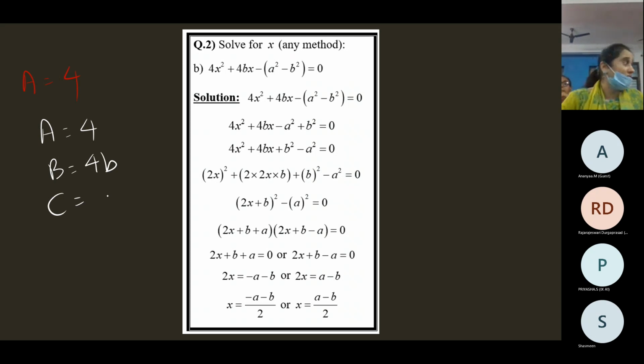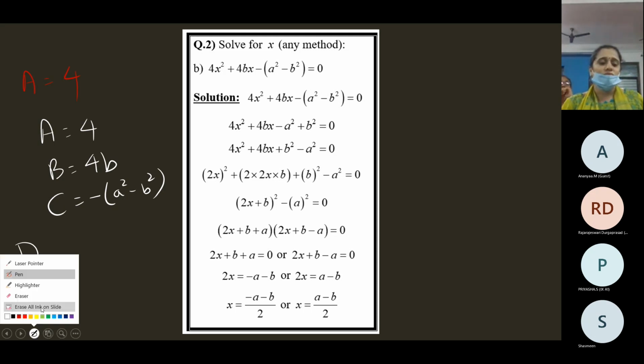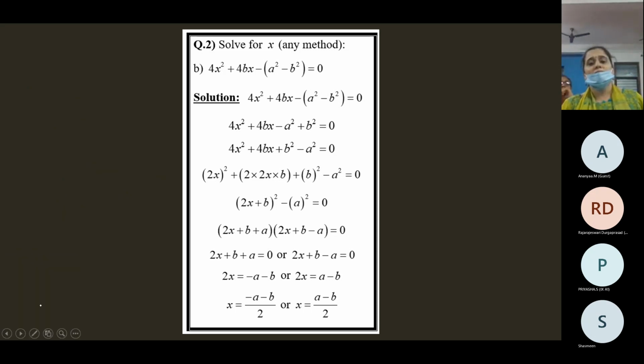Minus a square plus b square, or minus of a square minus b square, whatever. If you don't remove the bracket, then it is minus of a square minus b square. Then you know how to apply the quadratic formula. You'll have to find D. That you know. So you can do it in any method. The method is not fixed. If it's a quadratic equation, you can find the values of x using any method.